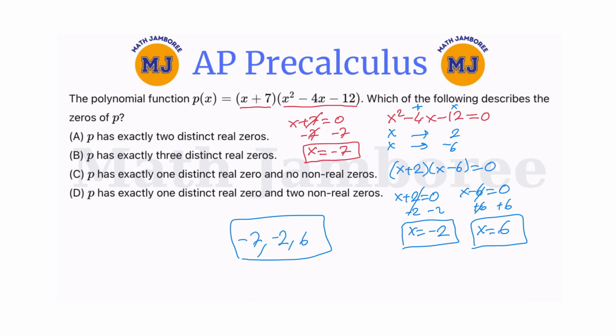These are the roots of this polynomial, they are all different, and the quantity is 3. So the correct answer is choice B, because p has exactly 3 distinct real zeros.